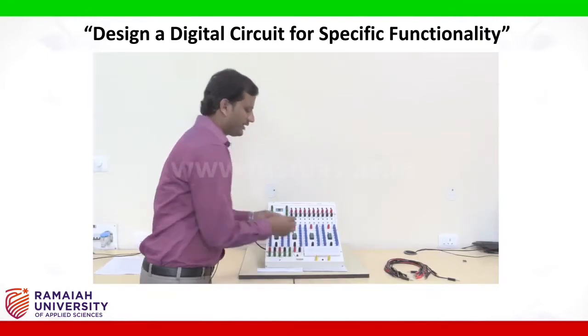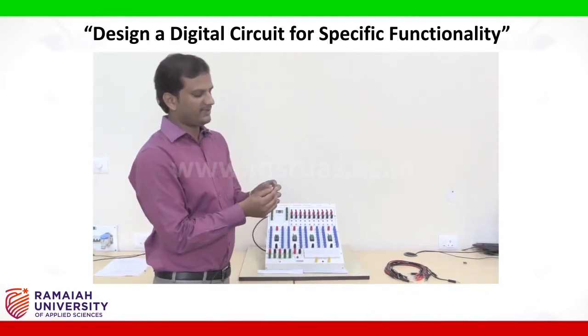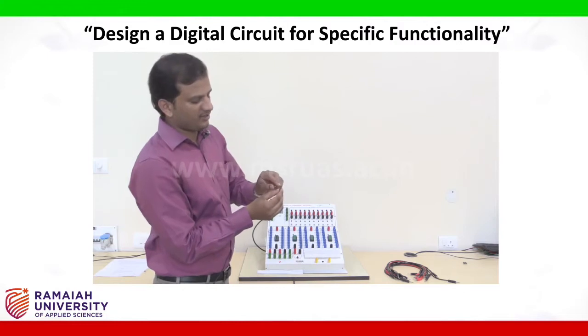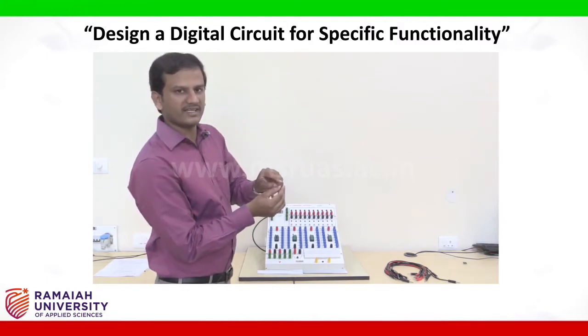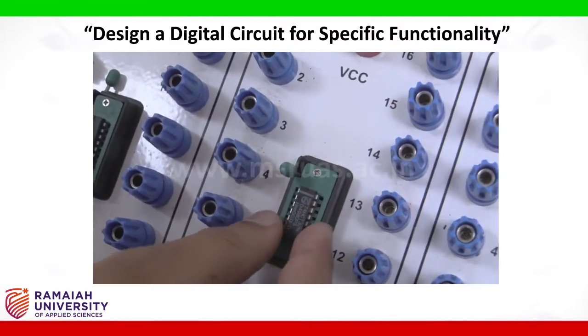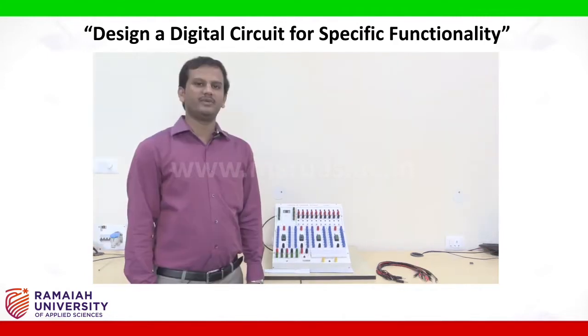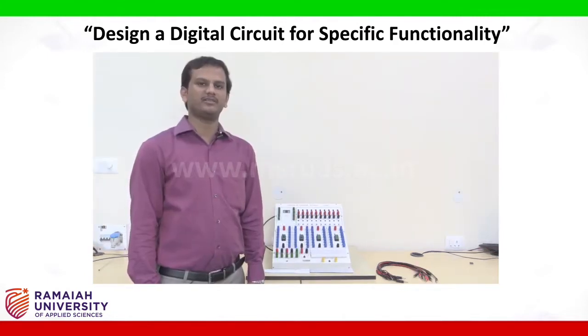Similarly, I will take one more IC, that is 7432, which represents OR gate. Make sure while placing this IC into the IC base, the notch of this IC should be directed upward direction. So then I am going to place this in the second IC base and close the lever.